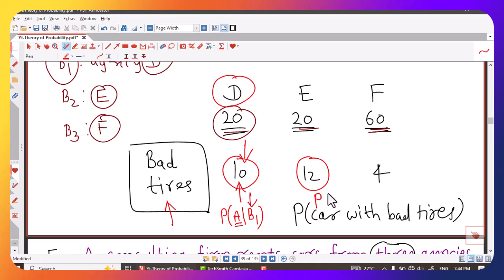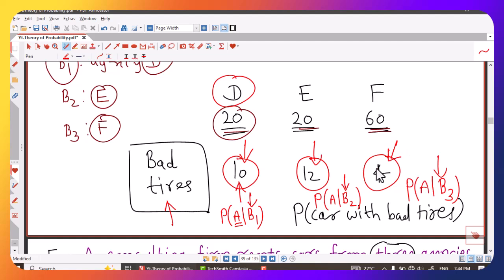So 0.12 will be the probability of A given B2. First we consider that the car is rented from agency E, and then we find that cars rented from agency E have 12% of the bad tires. Similarly, here first we have the event that the car is rented from agency F, and then we find that 4% of the cars from agency F have bad tires, and this is 4%, that is 0.04.